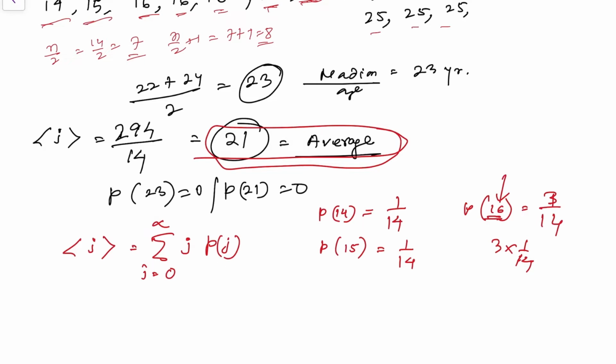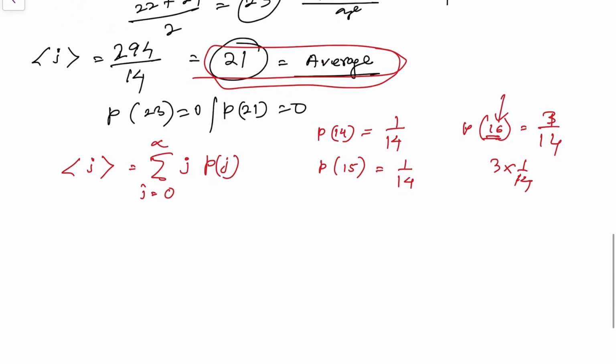This average in quantum mechanics is considered to be the expectation value, which means the average is the quantity of interest.